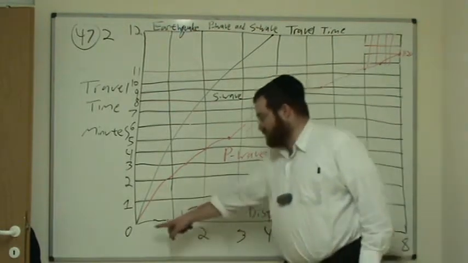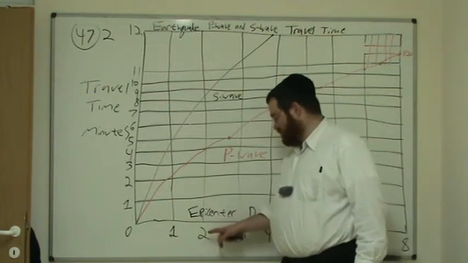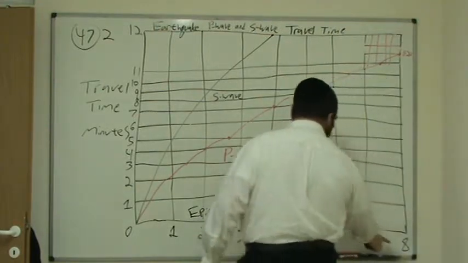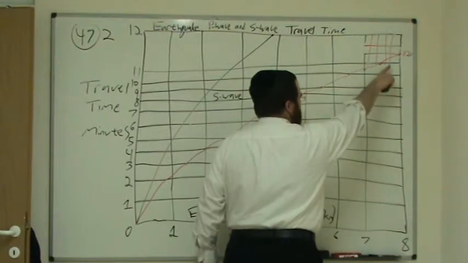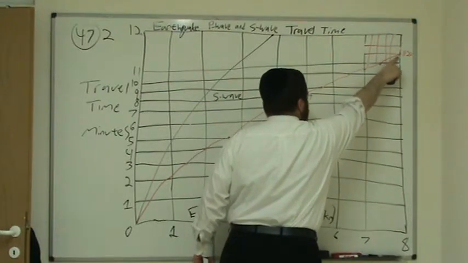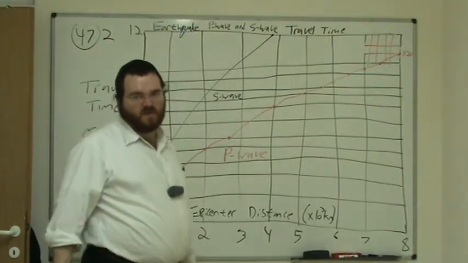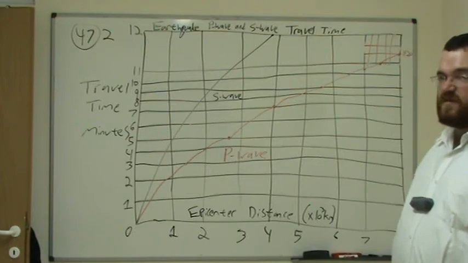So this is 0 times 1,000, 1 times 1,000, which is 1,000 kilometers. 1, 2, 3, 4, 5, 6, 7, and this is 8. At 8,000 kilometers, it took the P wave 11 minutes and 20 seconds to reach station D, which was 8,000 kilometers away. So the correct answer to question 47 is answer 2.